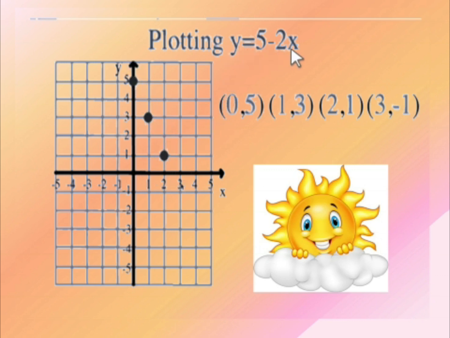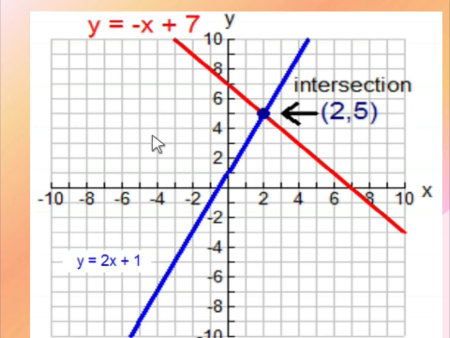Then in the second lesson, making the table and drawing the line. And in the third lesson we saw how to get two lines, their intersection, and the interpretation of the intersection of two lines. Very important: this is called a solution of the linear equation in two variables.